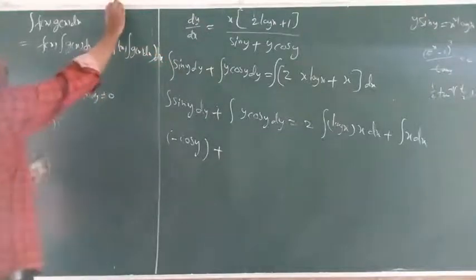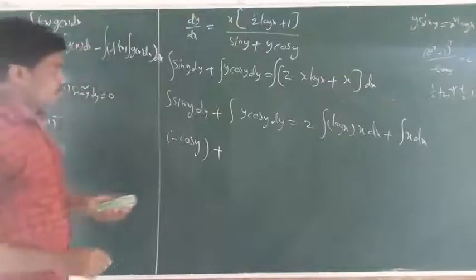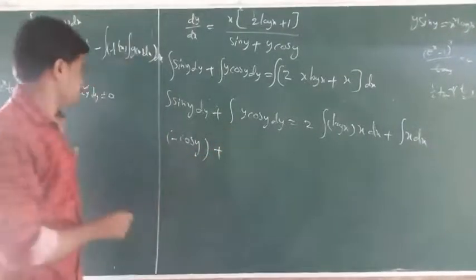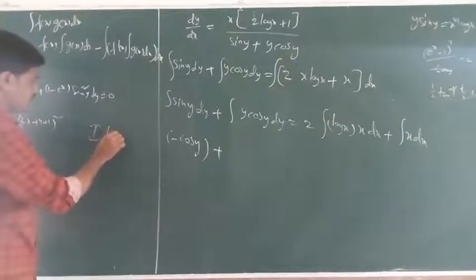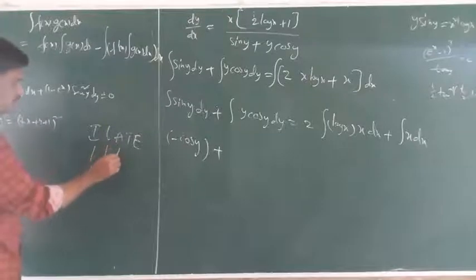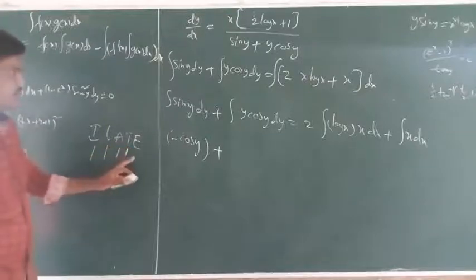So this is the formula. You can apply it, but which is f of y and which is g of y is important. You can apply ILATE: inverse, logarithmic, algebraic, trigonometric, exponential.